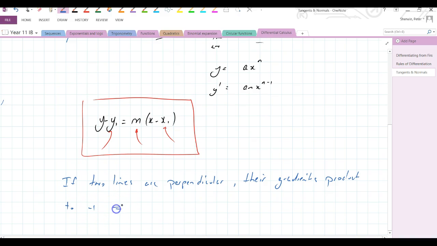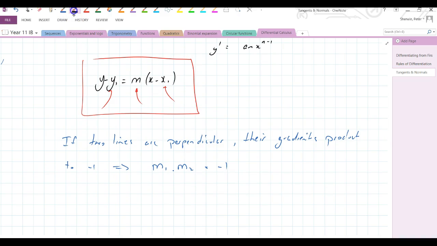So what that means is that m1 by m2, the two gradients, will equal minus 1, or often visually it's easier to look at them as the negative reciprocals.